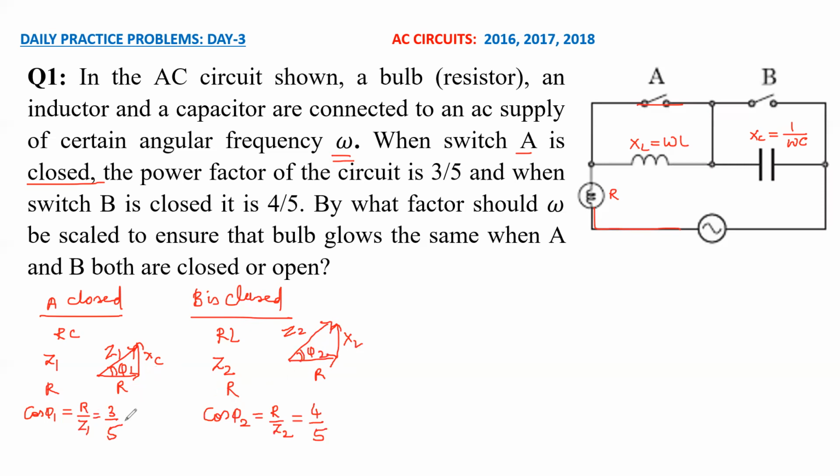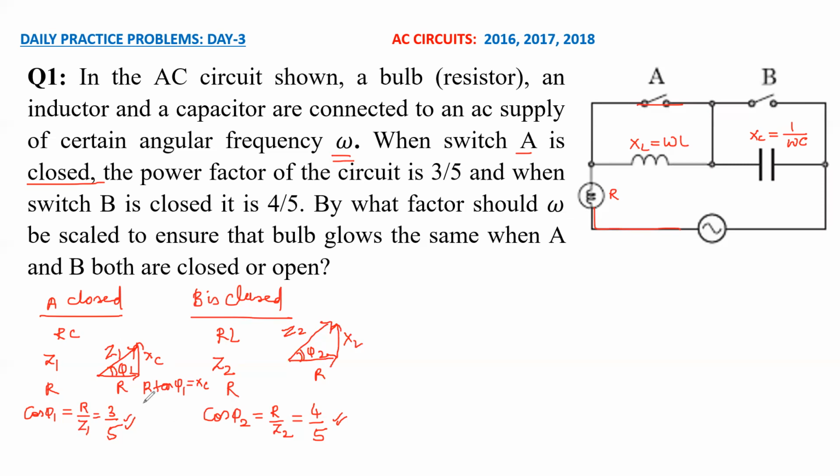So phi 1 is 53 degrees and phi 2 is 37 degrees. Now R tan phi 1 is equal to XC.